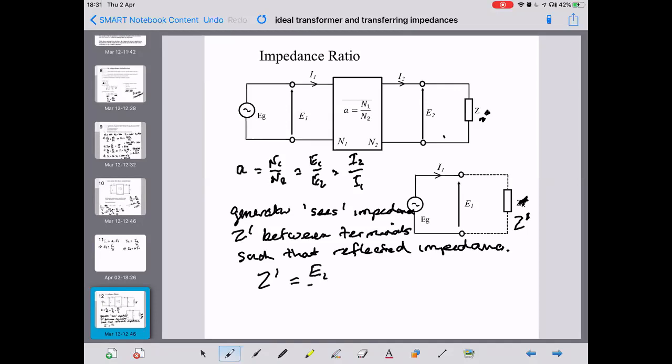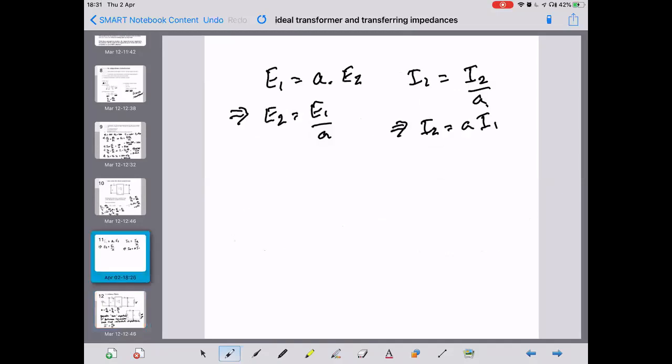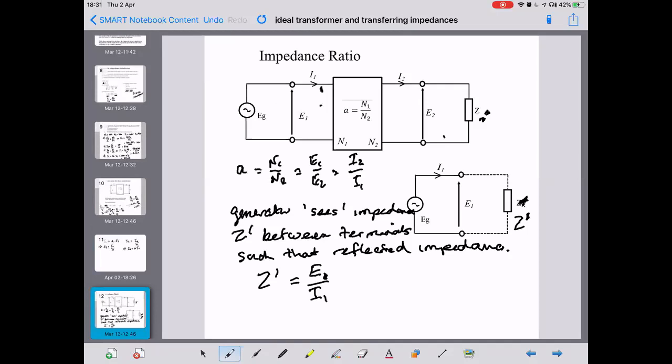E1 over I1. What we're saying there is, if we imagined that the impedance over on this side of the transformer was taken away and connected as is here, we'd see an impedance that is equal to the voltage across the impedance divided by the current.